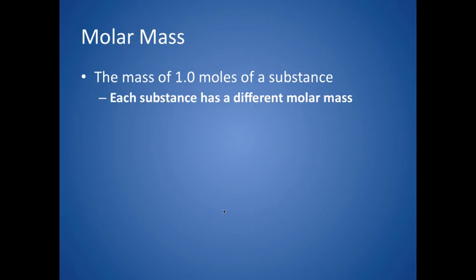Now, because every substance has different masses, right? Hydrogen has an atomic mass, say, of 1.01, or if it's H2, it'd be 2.02. That's a certain mass. Carbon has a mass of, say, 12, if it's that isotope 12. There's still 1 mole, it'd be the same number of atoms, but it would have a different mass.